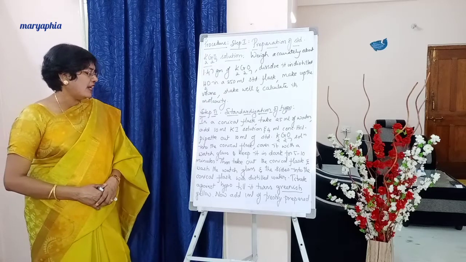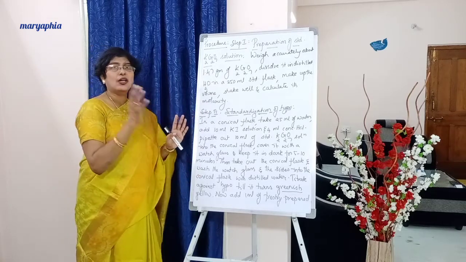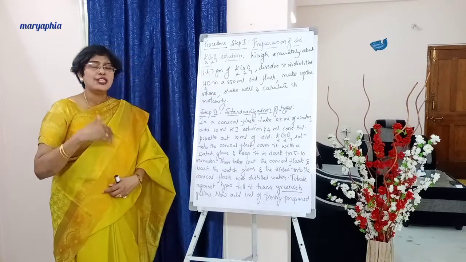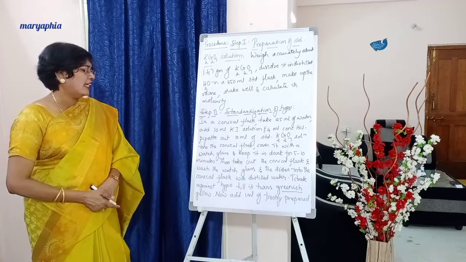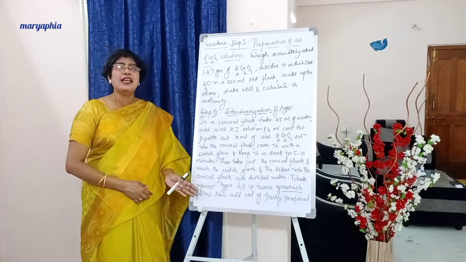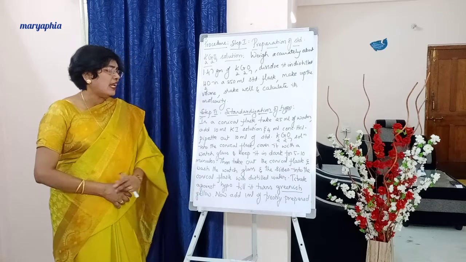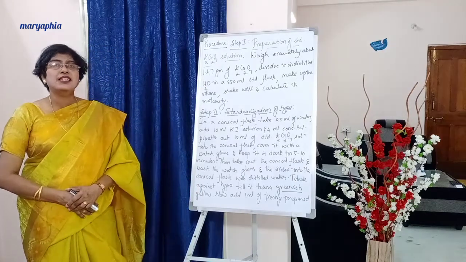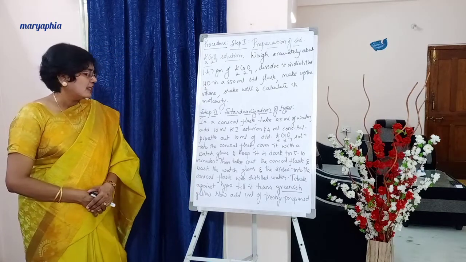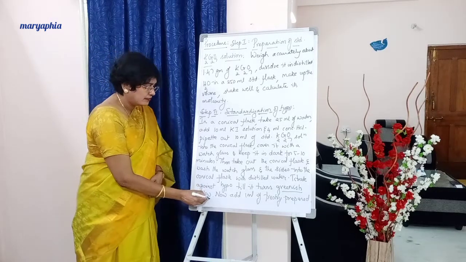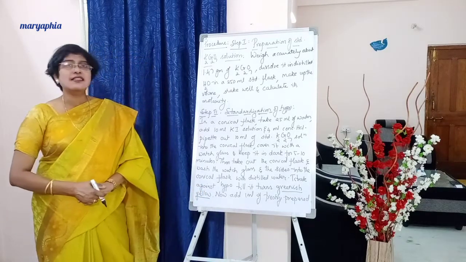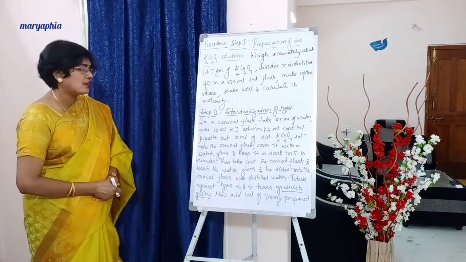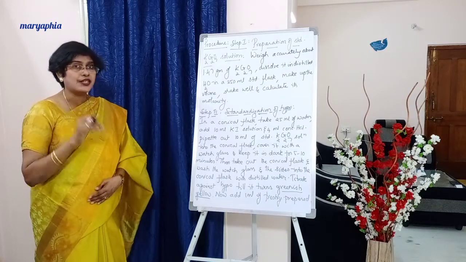Now titrate. So all these are in the conical flask, students. Okay. Now this should be titrated against hypo till it turns greenish yellow. Full stop. Okay. This is not the end point, students.